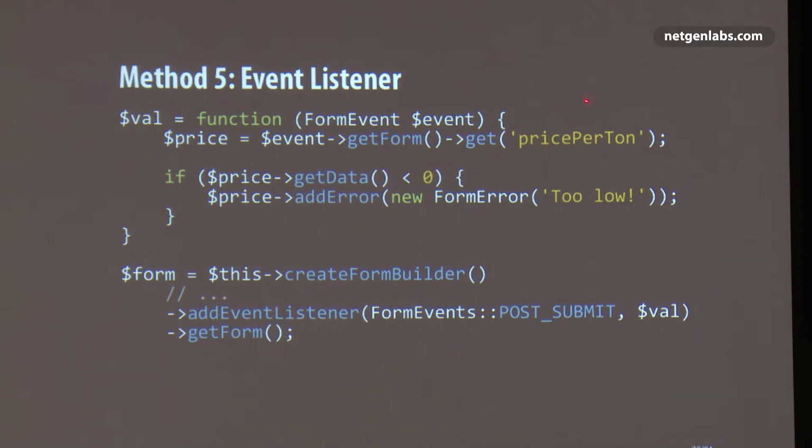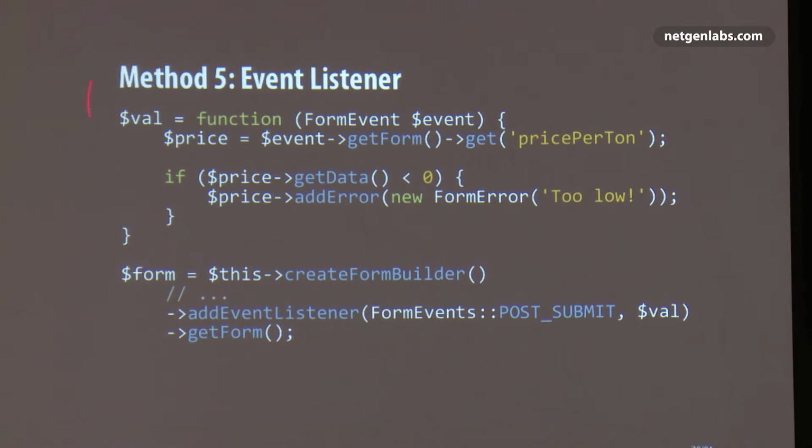In this case, we can do the same logic as before. We can get the field price, or price per ton, or whatever it is called. We can read the data of that field, and if it is smaller than 0, then we add an error to the price field. So price in this case is that field.